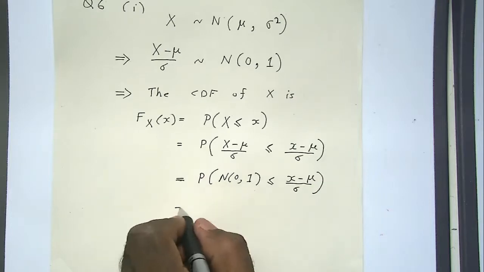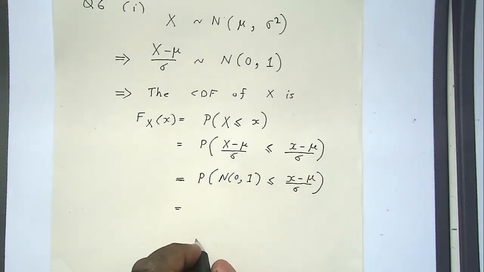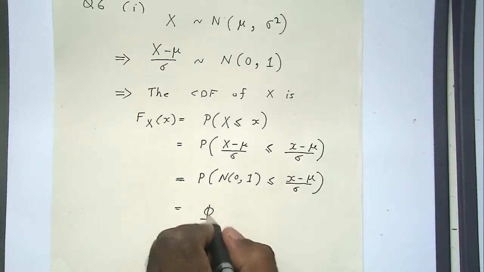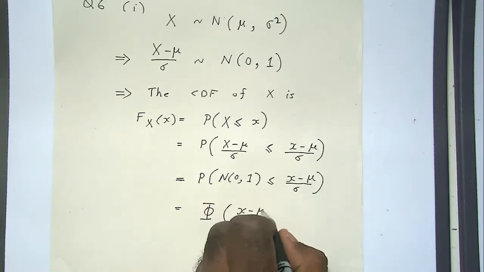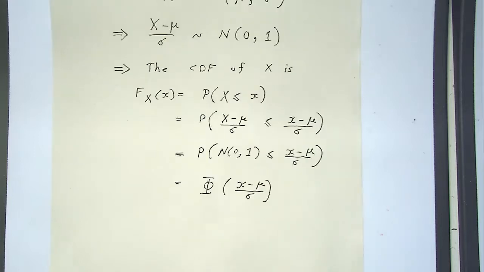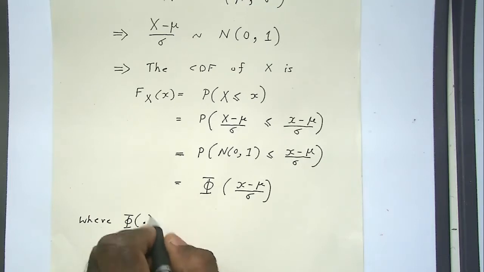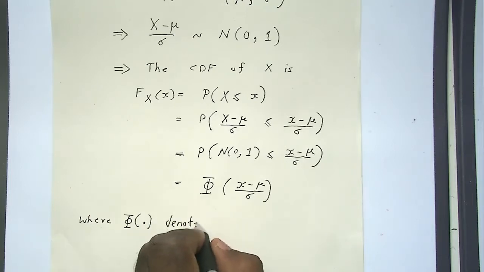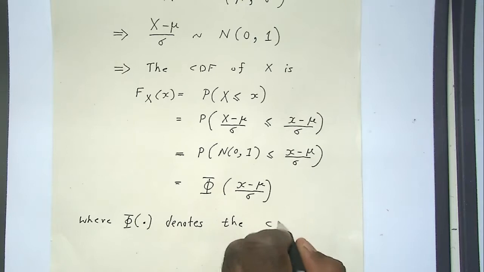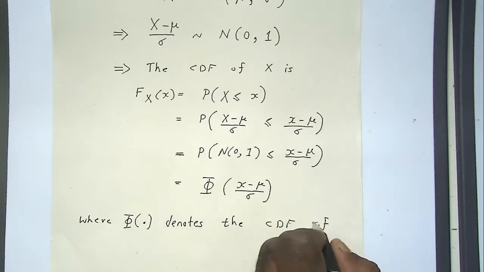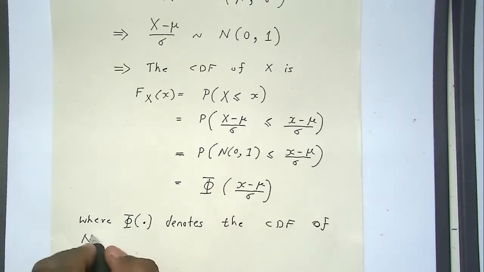And the notation for the CDF of a standard normal is phi. It's not difficult, is it, guys? So this is how you will do part 1 of question 6.